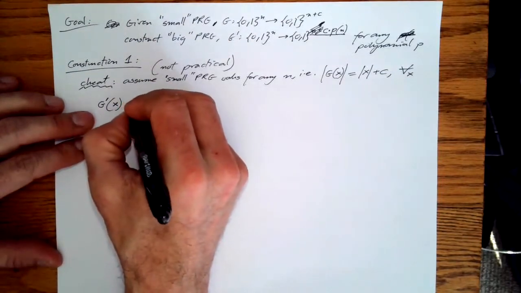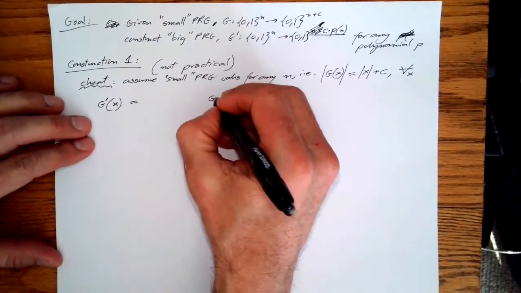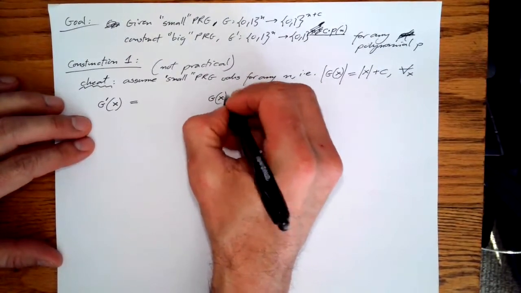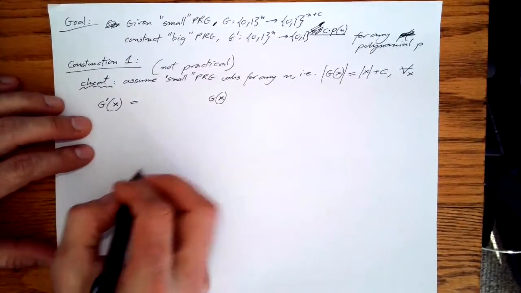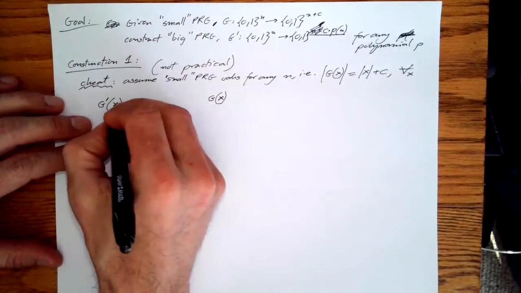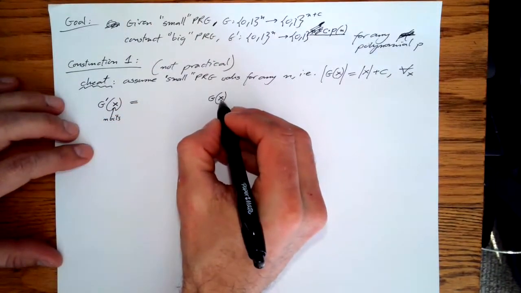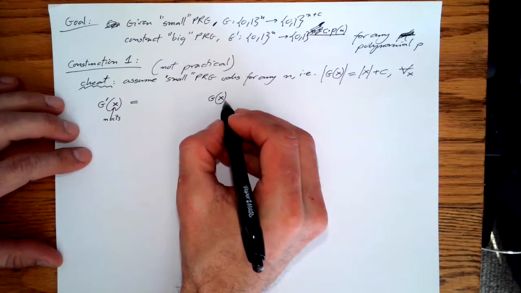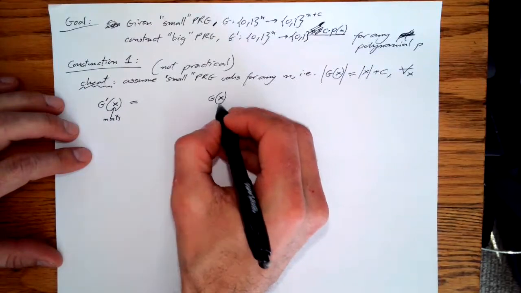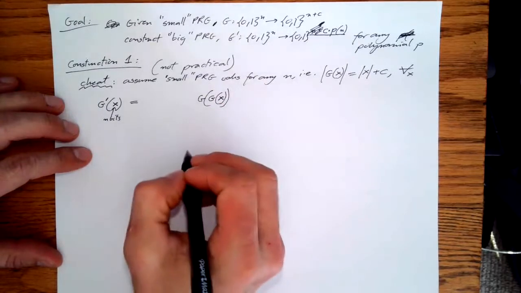So let G prime do this. Let it run G on the input. If the input has n bits, then the output has n plus c bits, right? Well, let's run G on that output.